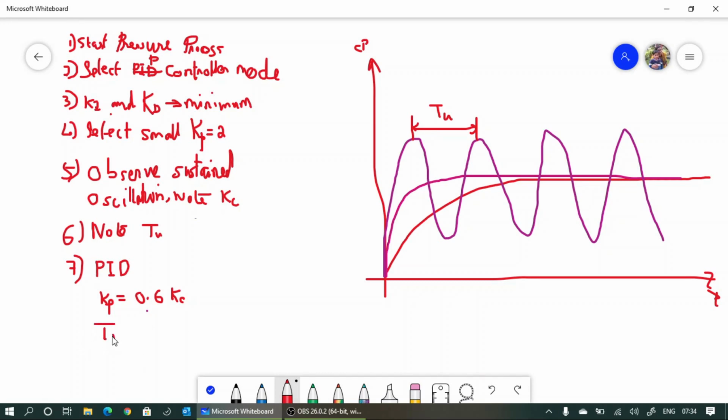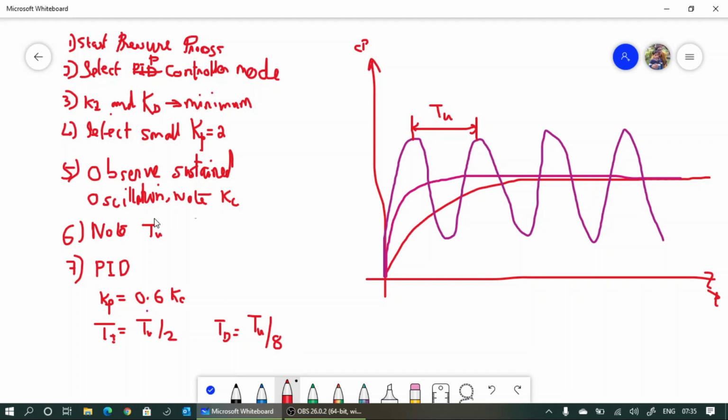Ti, that is integral time, is equal to Tu by 2. Similarly, Td is equal to Tu by 8. Okay, so Kp equal to 0.6 Kc, Ti is equal to Tu by 2, Td is equal to Tu by 8. So this one is the ultimate curve tuning method.